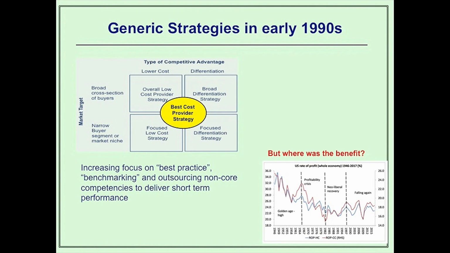That need for choice was challenged by other academics suggesting that firms could be both differentiated and low cost at the same time, could be the best cost provider. Also, the performance of US firms wasn't spectacular as a result of adopting this thinking through the 1980s and 1990s. So challenges being raised to Porter.